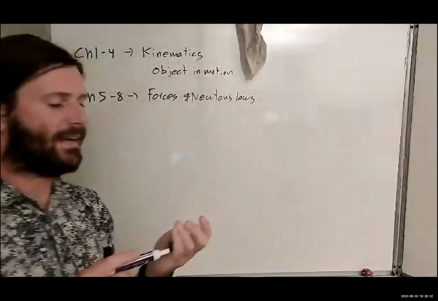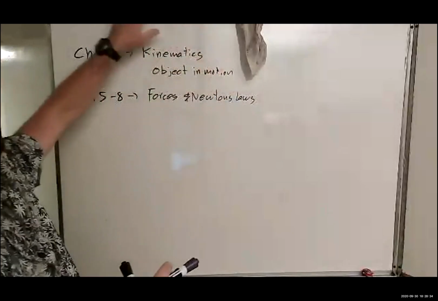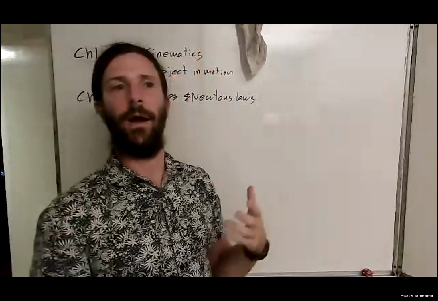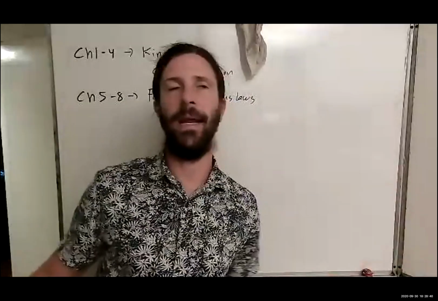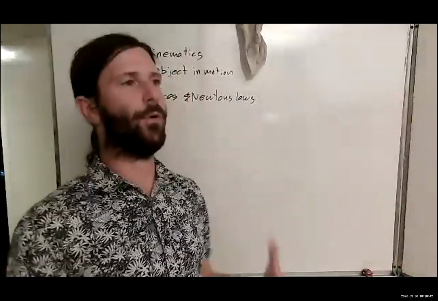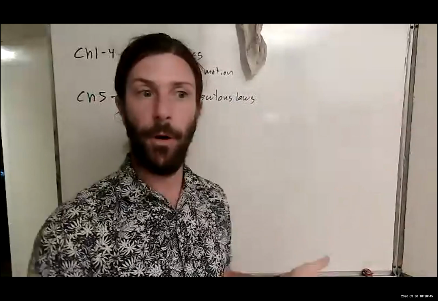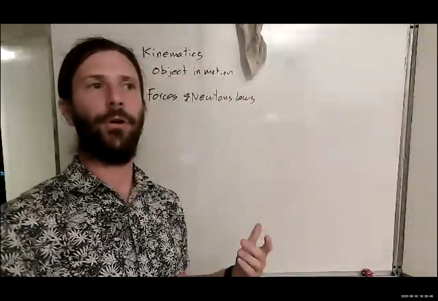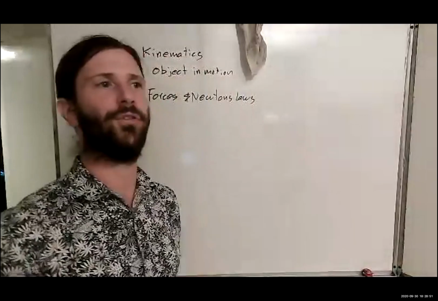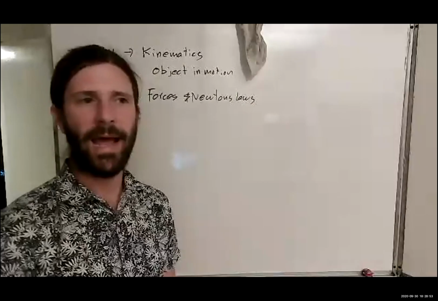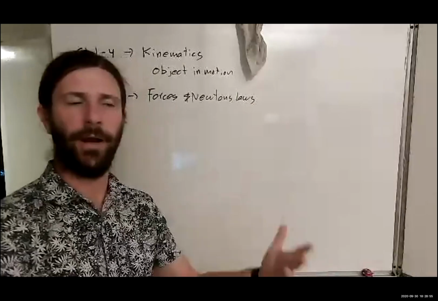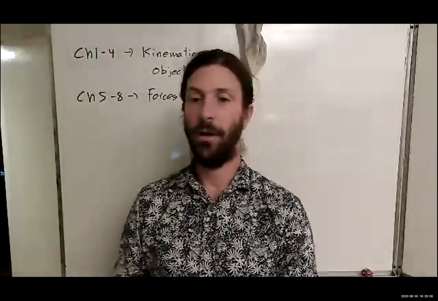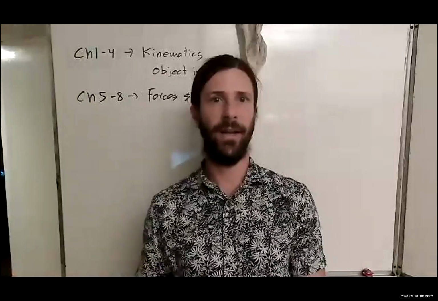Okay, so forces and Newton's laws. The idea here is an expansion of what's happening with the train. Before, we didn't talk about friction on the train, or air resistance, or how strong the motor is. That's what chapters 5 through 8 are. The motor provides so much force, there's this much drag due to air resistance, and there's friction on the wheels and various other things.